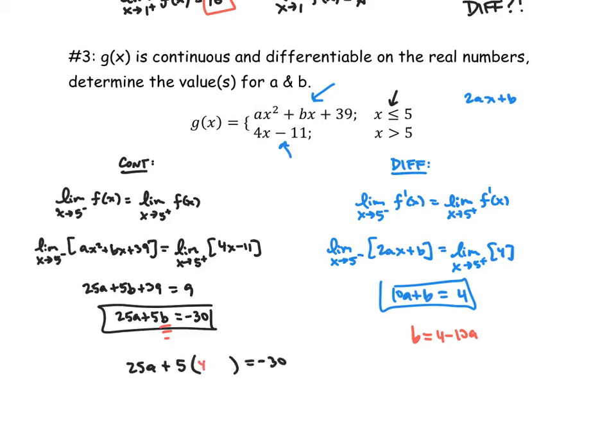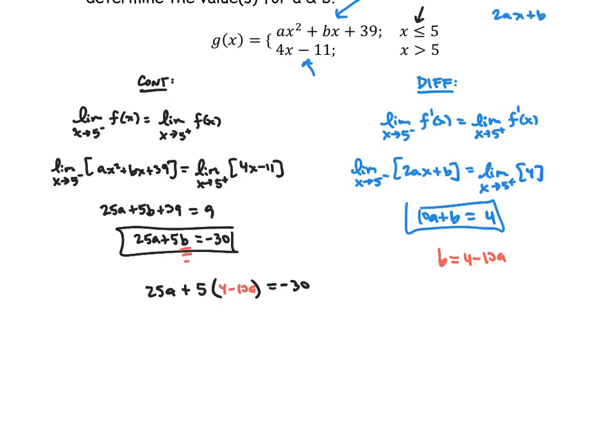All right, so I'm going to plug in 4 minus 10a. All right, let's continue. So this would be 25a plus 20 minus 50a is equal to negative 30. We're going to solve for a here. So I'm going to subtract 20 over here and then combine these two like terms here. So it'd be negative 25a equals negative 50. It tells me a equals 2.